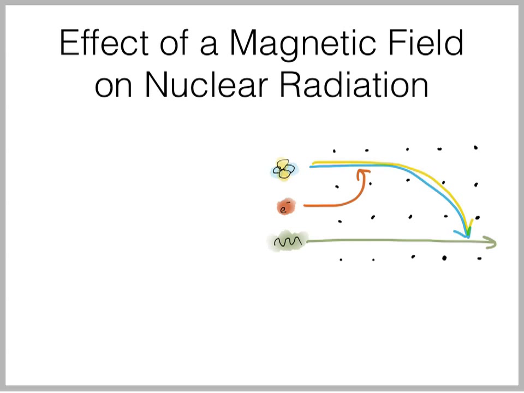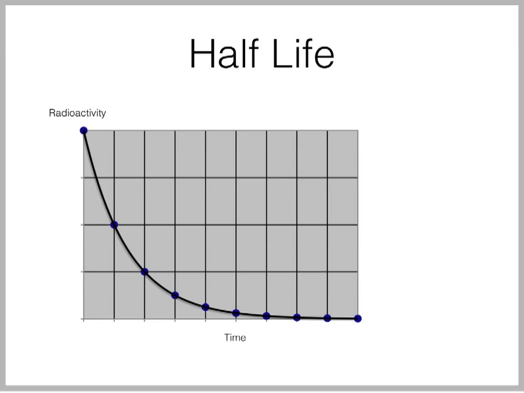It's now time to talk about something called half-life. Now, half-life is all to do with radioisotopes and how quickly they decay. So, for example, if I've got a radioisotope, let's just say it's called technetium-99m. Now, technetium-99m has a half-life of 6 hours.